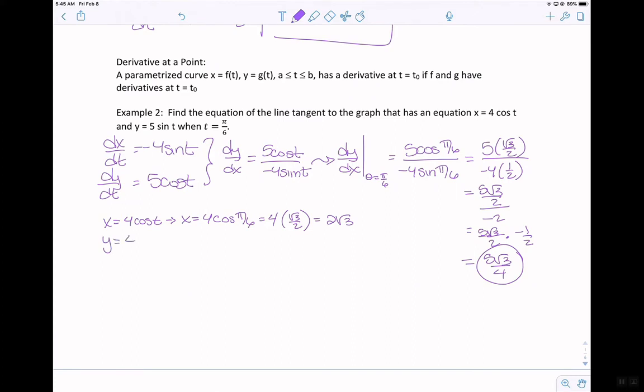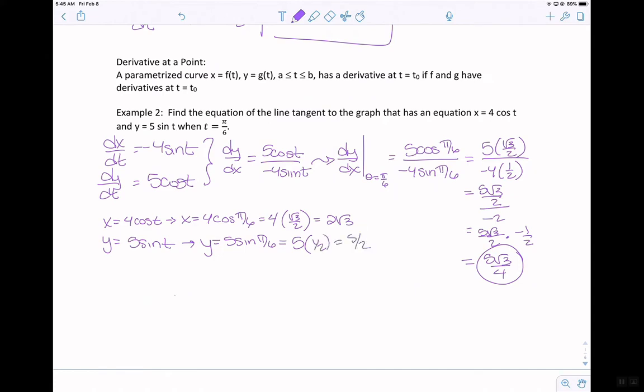And then y is equal to 5 sine of t. So that means that y is equal to 5 sine of pi over 6, and sine of pi over 6 is 1/2. So I get 5 halves.